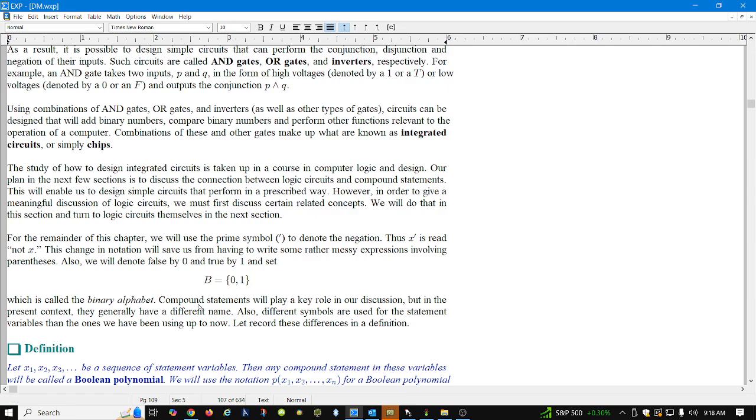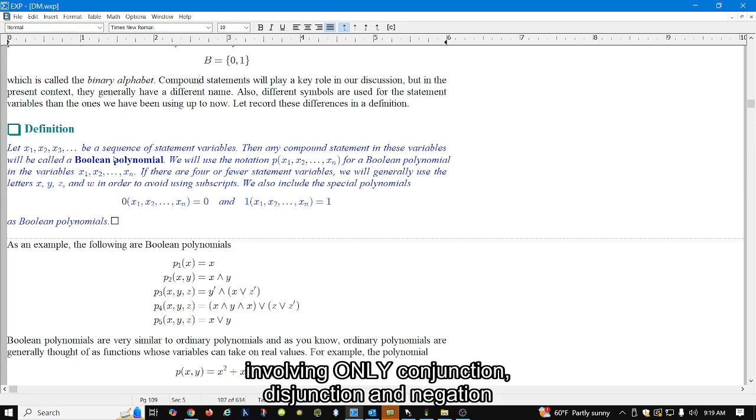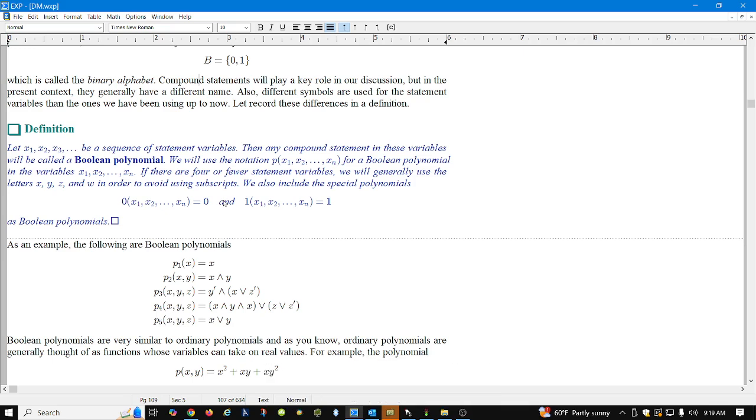Compound statements are going to play a key role in our discussion, but in the present context, they are generally referred to as Boolean polynomials. And here is the formal definition. Let x1, x2, x3, and so on be a sequence of statement variables. Any compound statement in these variables, and involving only a finite number of variables, of course, will be called a Boolean polynomial.